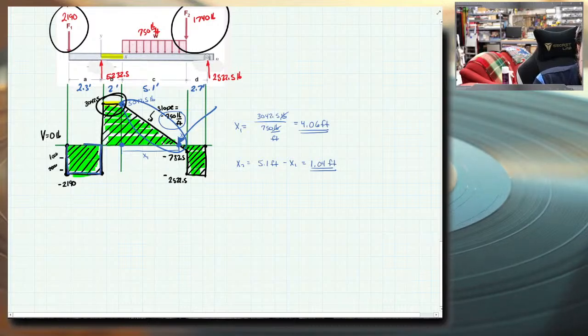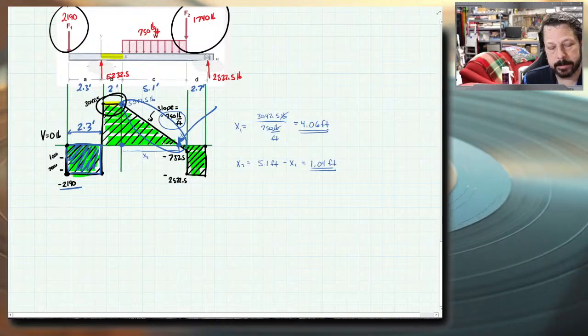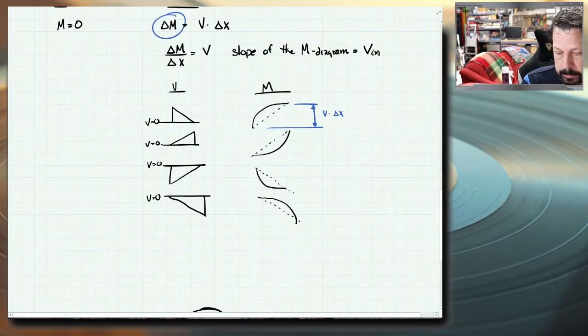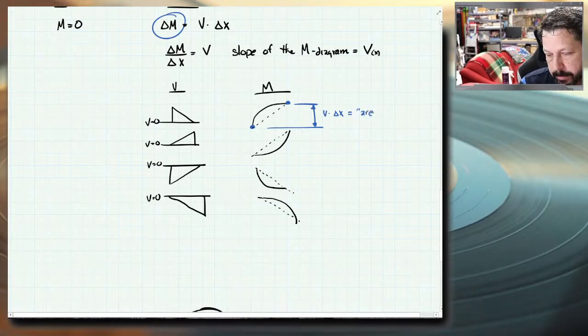For this one, V is negative 2190, and delta X is this distance, 2.3 feet. So it's just the area of the thing. And so the change in moment from wherever you started to wherever you end up is equal to the area in that section of the shear diagram.